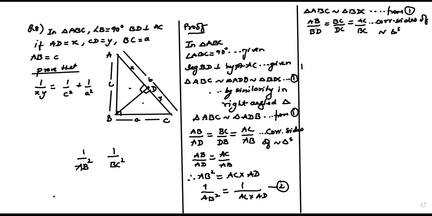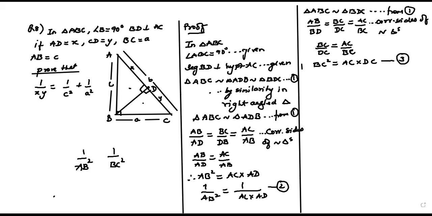Again, children, when you look, I want BC square, 1 upon BC square. Don't you agree? If I take the second and third ratio, I can get BC square. So I take the second and third ratio, BC upon DC equal AC upon BC. Then I cross multiply, BC square equals AC into DC. And I call this as statement number 3.